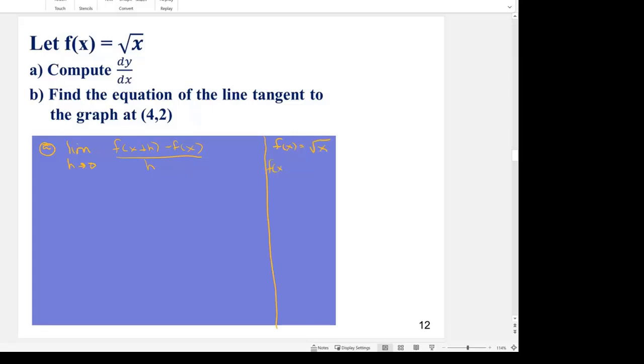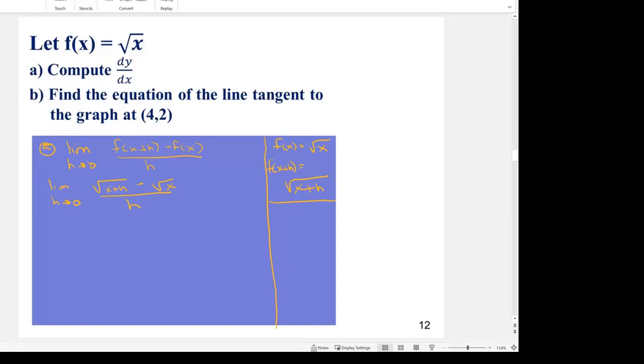F of x plus h is going to equal the square root of x plus h. Now I can just plug everything in. So I have the limit as h approaches 0. F of x plus h is the square root of x plus h, and then minus the square root of x, over h.